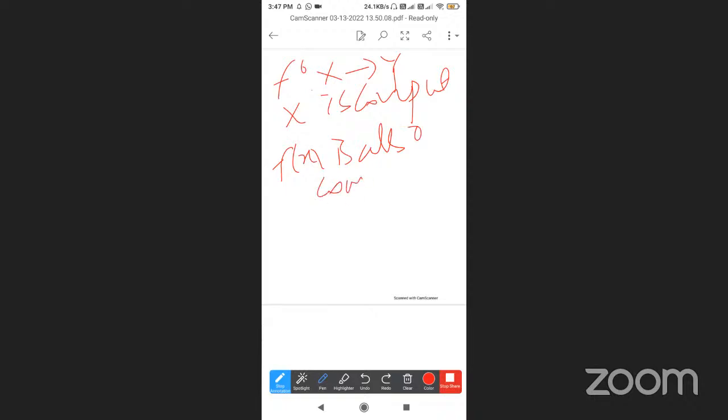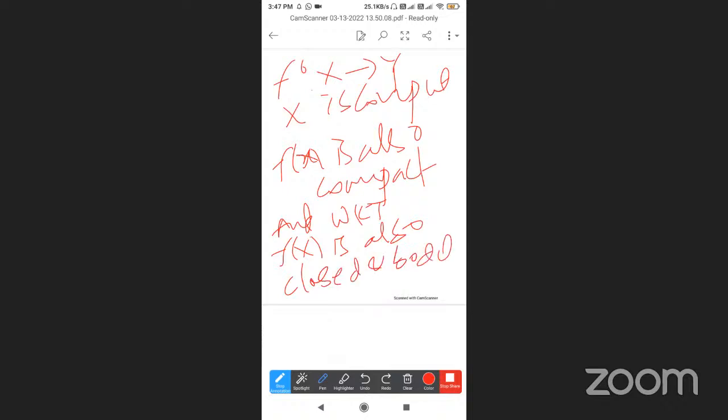Every compact set is also closed and bounded. So F is a continuous mapping from X to Y, X is compact, so F of X is also compact in Y. We know that F of X is also closed and bounded, a closed and bounded subset of R.